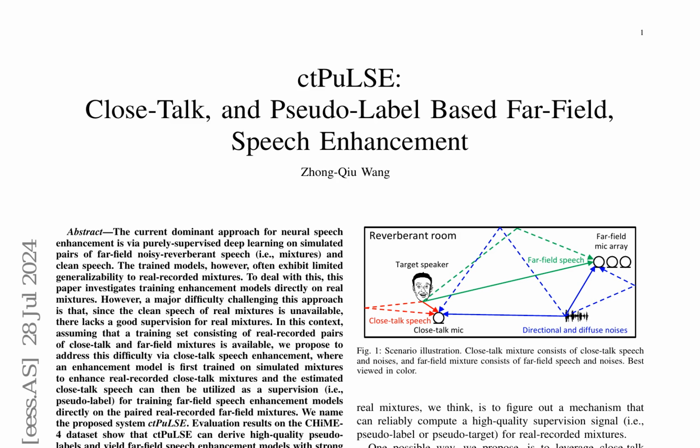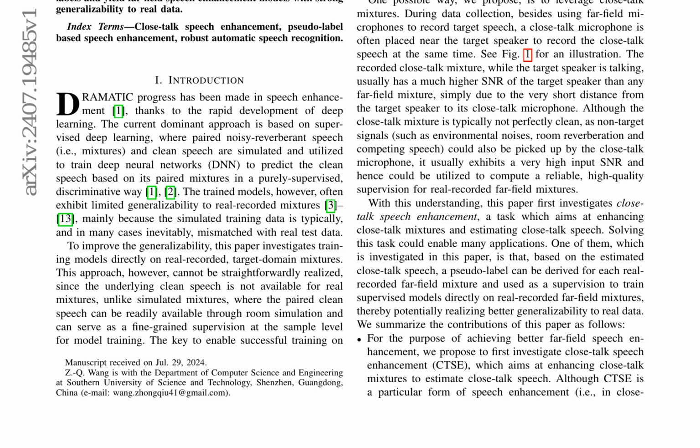To address this, the paper proposes training enhancement models directly on real recorded mixtures, leveraging closed-talk speech enhancement to compute high-quality pseudo-labels for real recorded far-field mixtures. The proposed system, ctPuLSE, involves training an enhancement model on simulated mixtures to enhance real recorded closed-talk mixtures, and then utilizing the estimated closed-talk speech as supervision for training far-field speech enhancement models directly on the paired real recorded far-field mixtures.